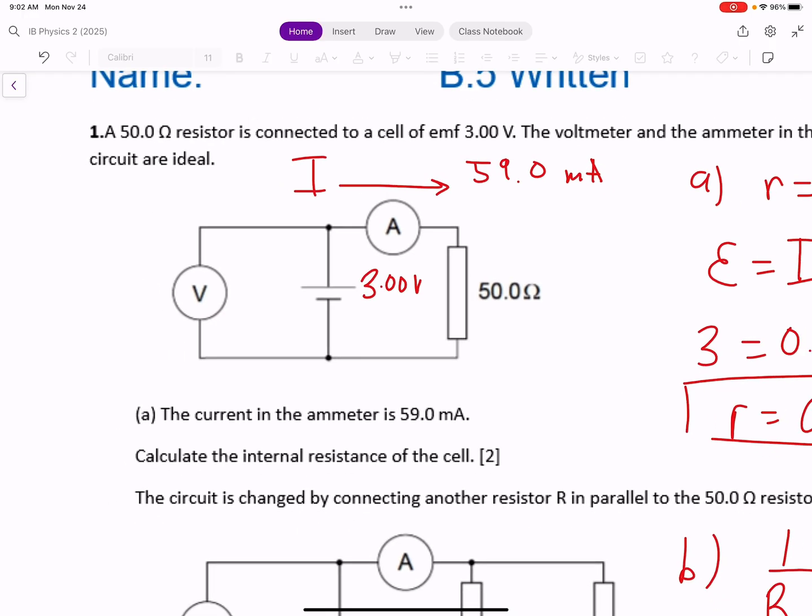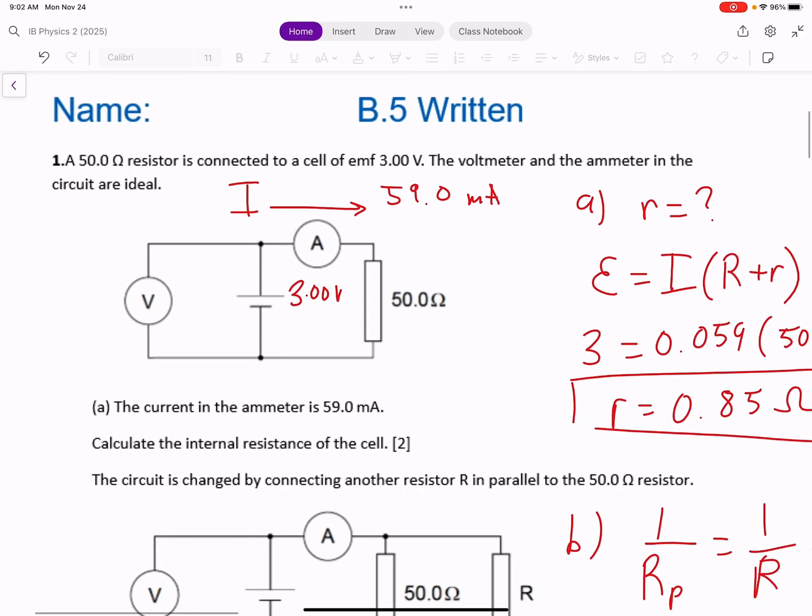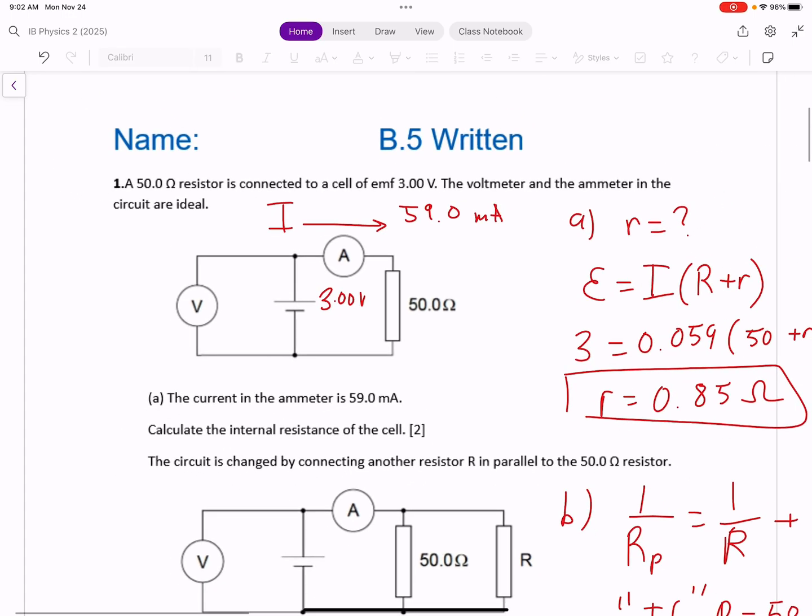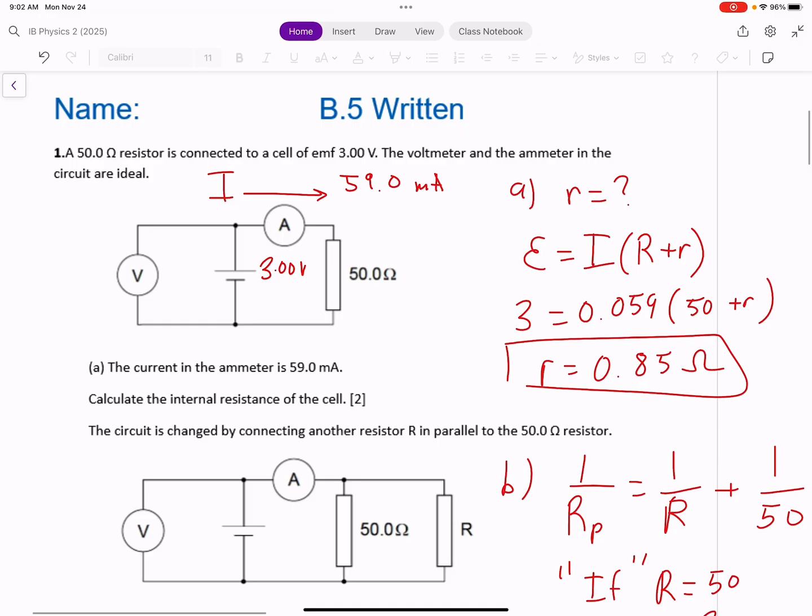So for this question, it's basically about do you understand internal resistance? Internal resistance is a natural property of all batteries that are not exactly ideal. An ideal battery has no internal resistance, but in real life, all batteries have a little bit of internal resistance.